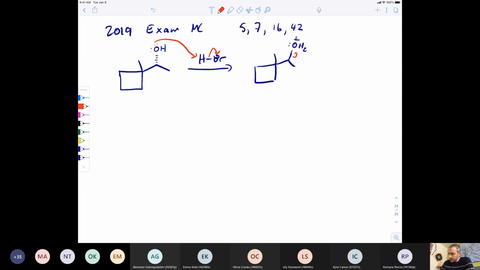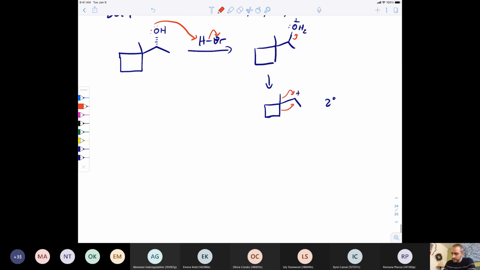And once that's protonated, it'll come off to make a carbocation that is secondary. Now, because this is a secondary carbocation, you can have a rearrangement. And there's sort of 2 ways we could do it. One is we could shift the methyl group over. The other is we could do a ring expansion.